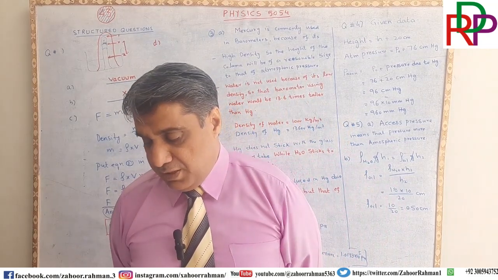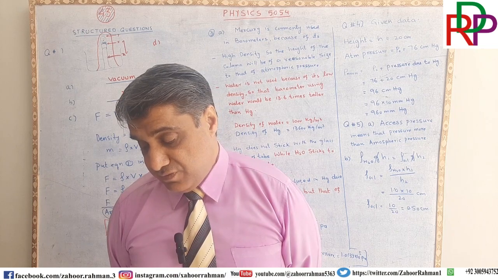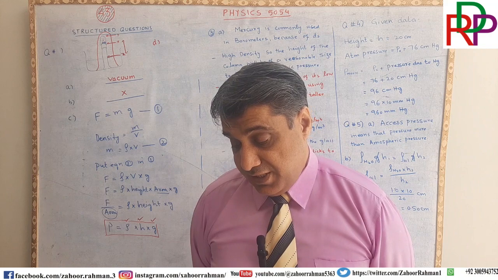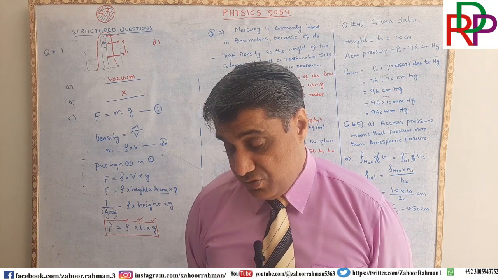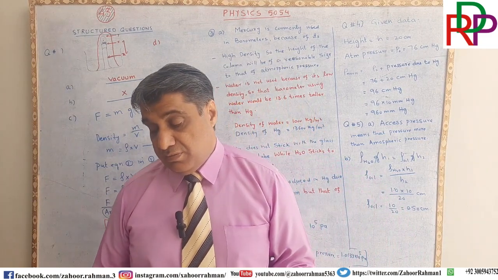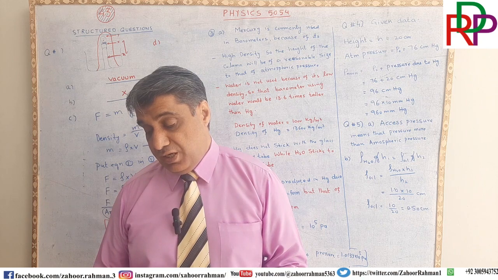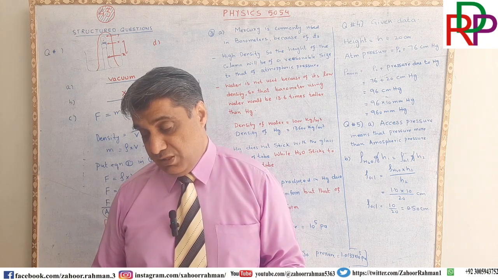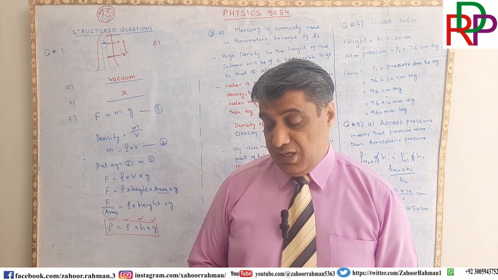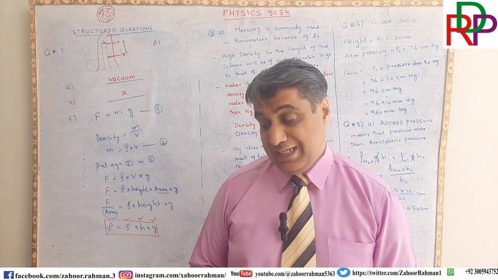The second part of this question number 4 is saying that name one other use of manometer. Manometer is used to measure the pressure of air. That is the most important use. Meteorologists are using this in the weather prediction as well.